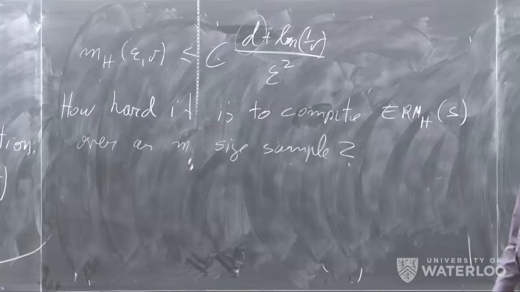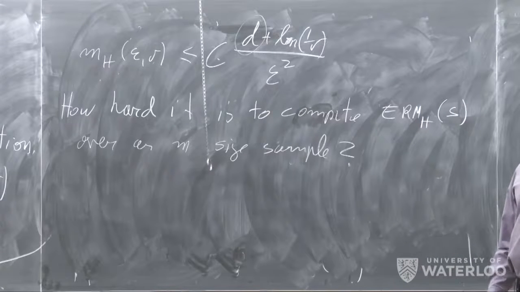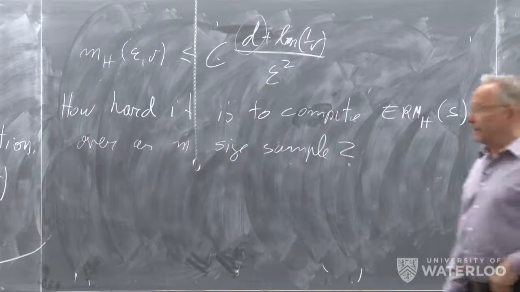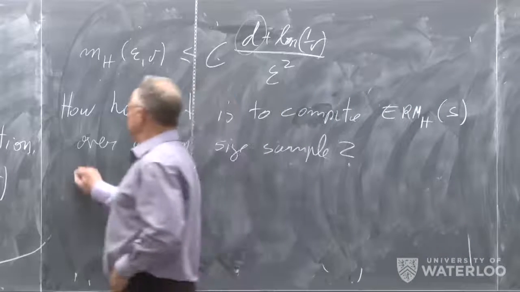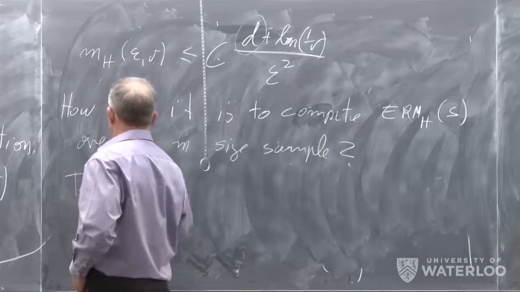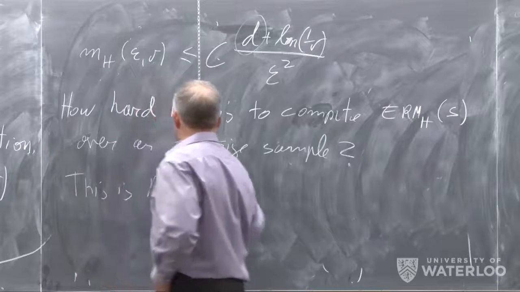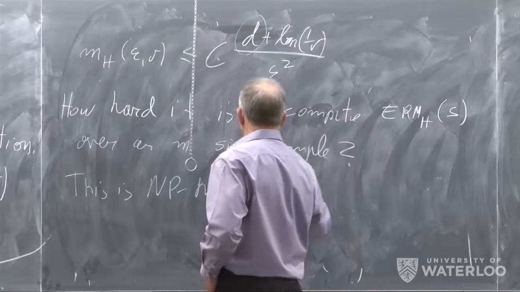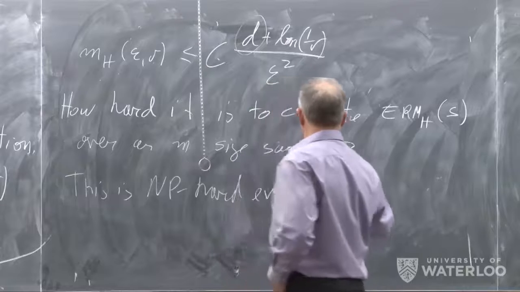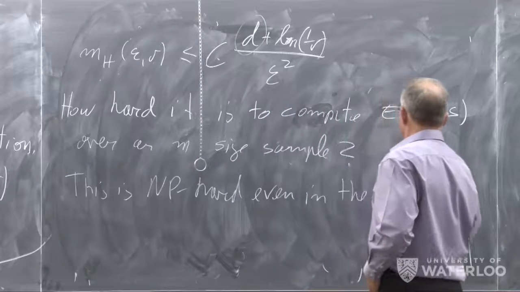And here comes a very kind of disappointing surprise. This is NP-hard. This is too hard. This is NP-hard, even in the realizable case.